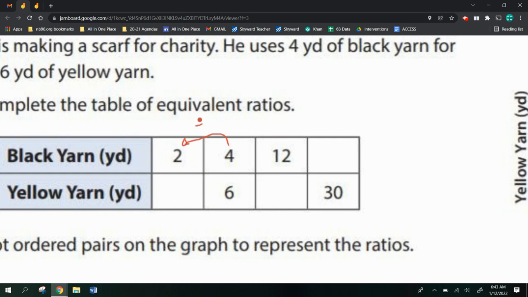Well, I can take 4 and cut it in half, which means divide by 2. So I go over here, do the exact same thing. 6 divided by 2 would be 3.